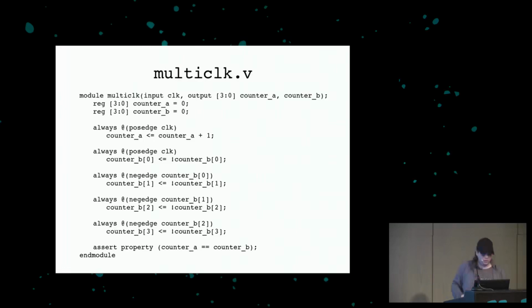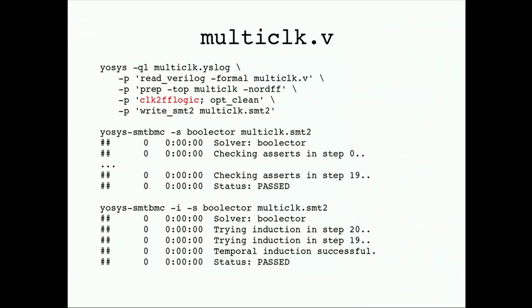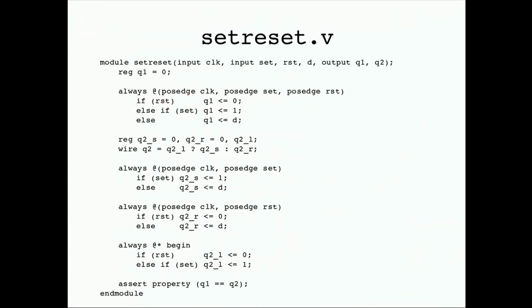Usually you don't do this on a chip, because now we have 1, 2, 3, 4 different clock domains here. So the first always block is like the regular counter, and then the other 4 always blocks are the bits for our other counter. And then we assert these 2 counters must always have the same value. And indeed, I can prove this. I need the special command clk2fflogic to enable this, but then this can be done.